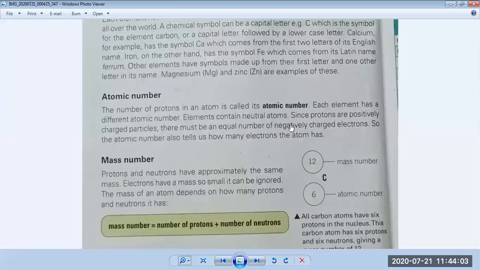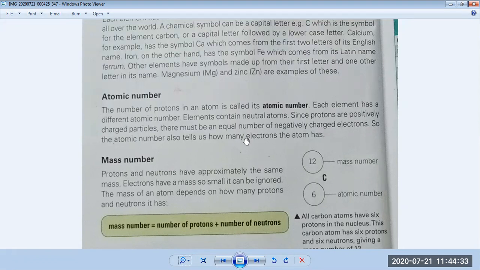Around the nucleus, on circular paths, there are particles which have negative charge. They move around the nucleus. So the atomic number also tells us how many electrons the atom has. Actually, what is the purpose of atomic number? It tells us how many electrons are present in an atom.